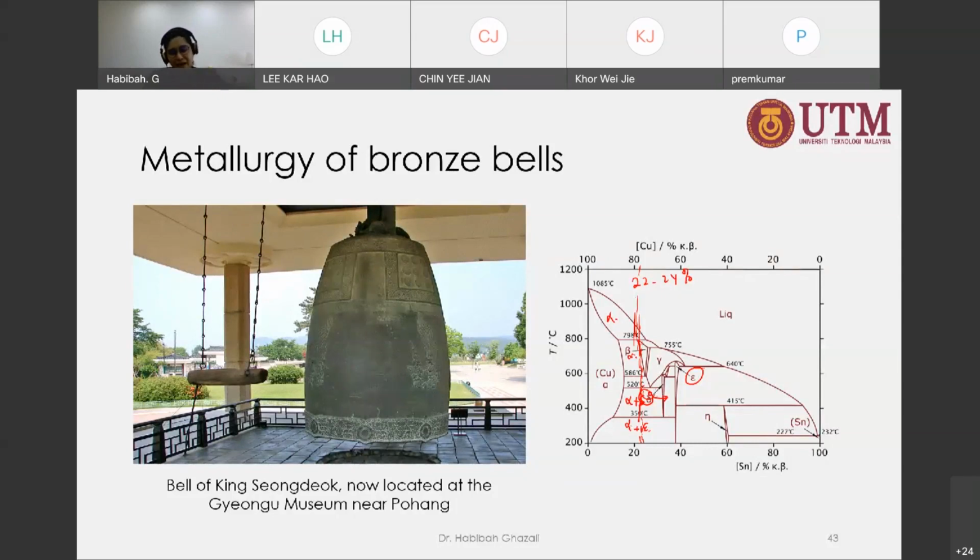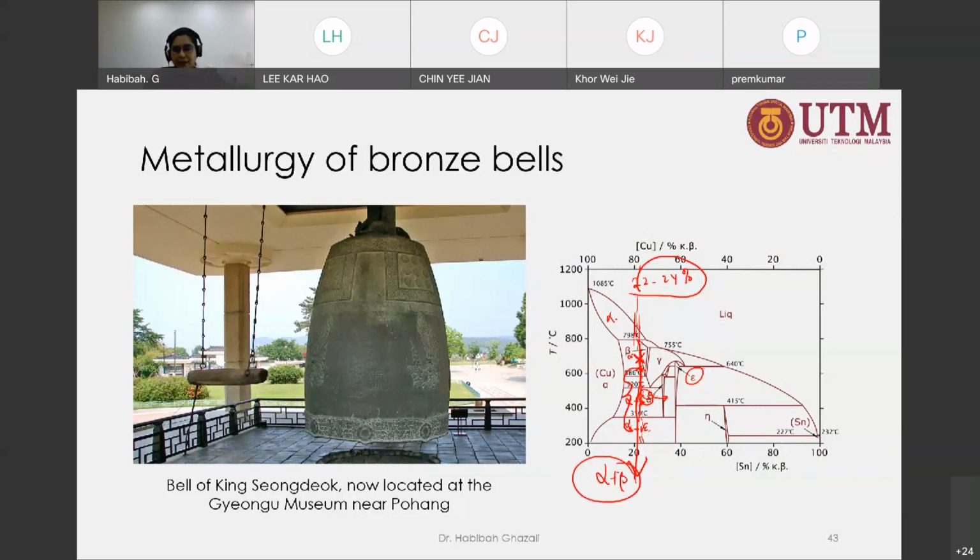But actually what happened was that when it reached this composition, they used the same composition and reached this temperature, about 600 degrees Celsius, and they quenched it. When they quench it to room temperature, they prevent all the other phases from precipitating or transforming. So in the end, they will have an alpha and beta solid solution.